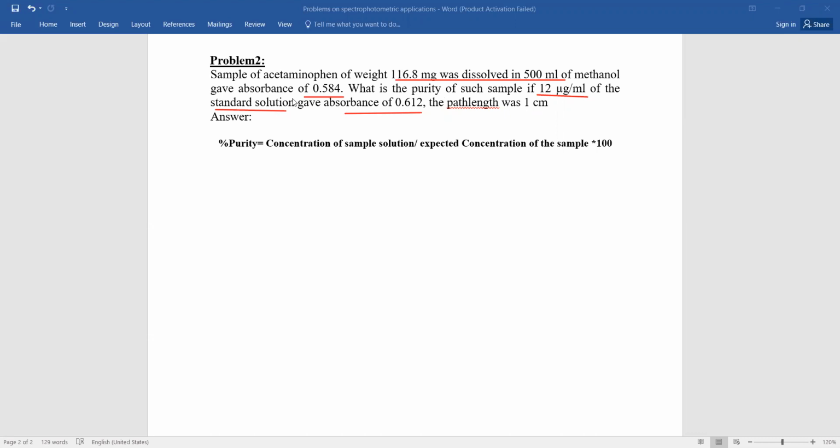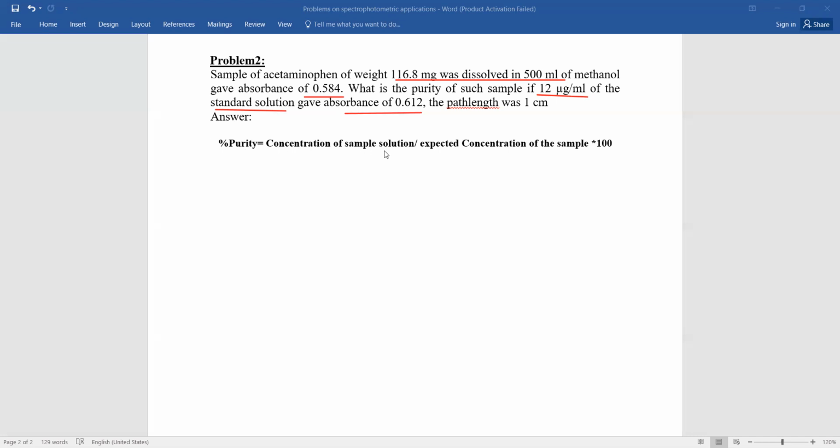Here, it's expected that the sample of acetaminophen has concentration 116.8 milligrams per 500 milli. By calculations, we will check the purity of such a sample. What is the rule for the percentage purity?